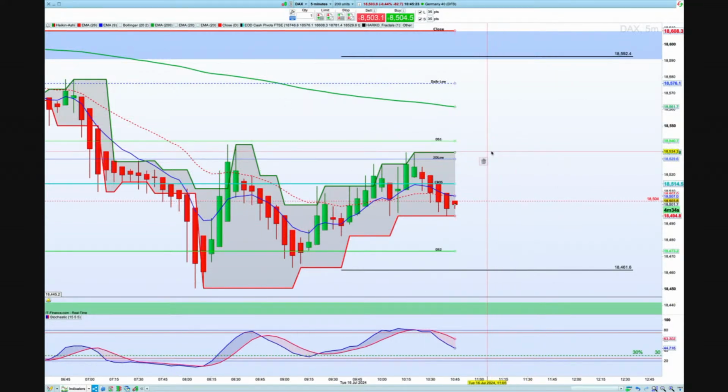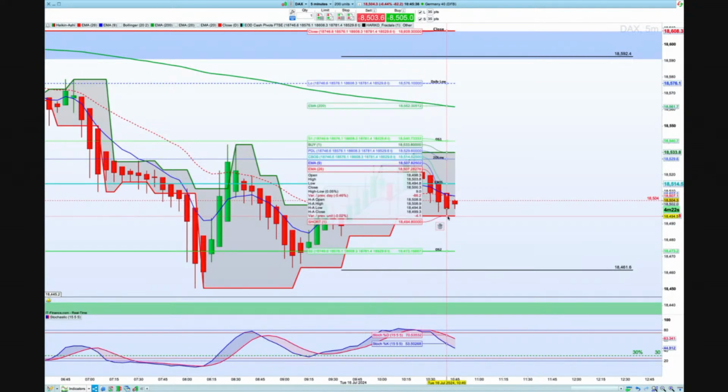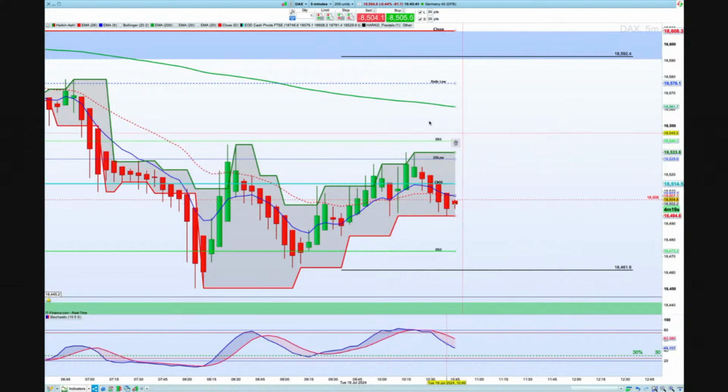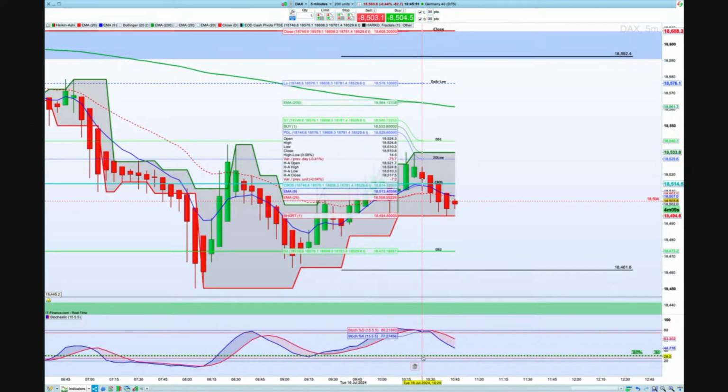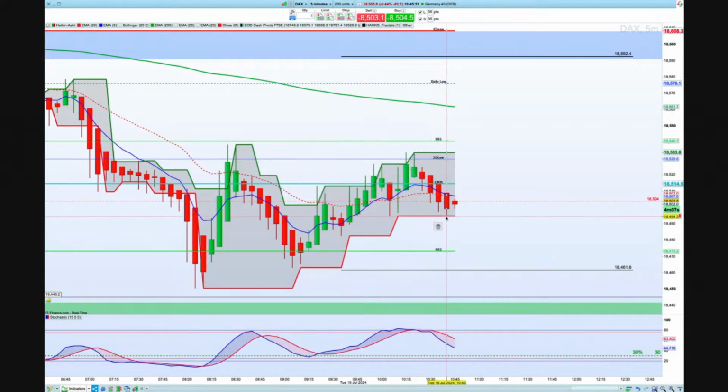So just a reminder: fractal breakout long, fractal breakout short. This fractal is still relevant so long as this bottom fractal has not broken. And when you put a stop on a fractal, you need the stop to be the spread, which at the moment is 1.4, plus 1 pip.